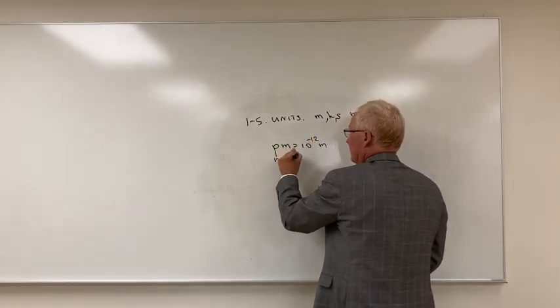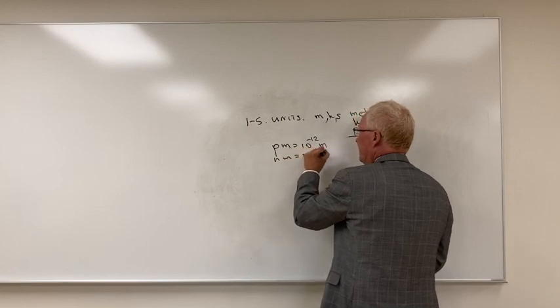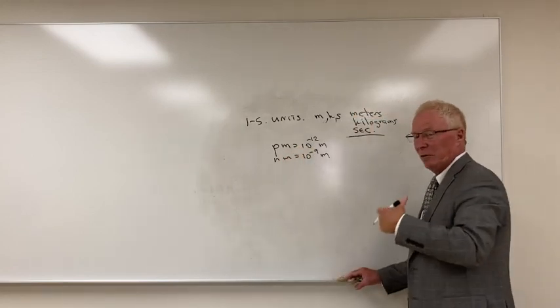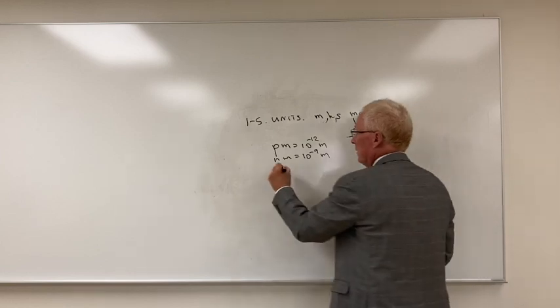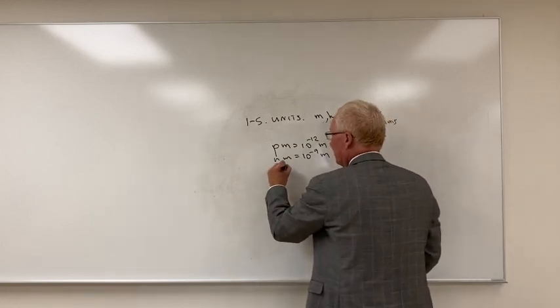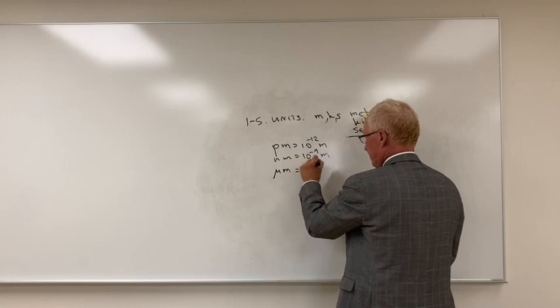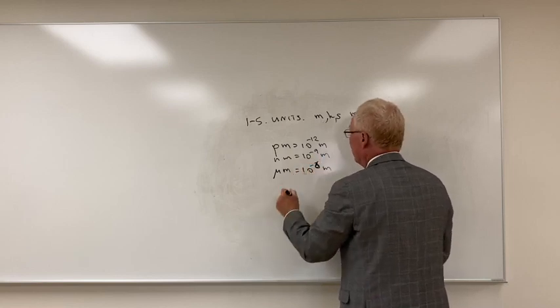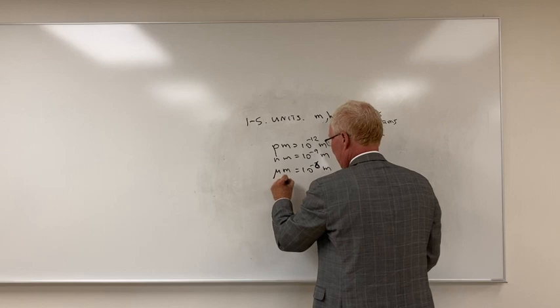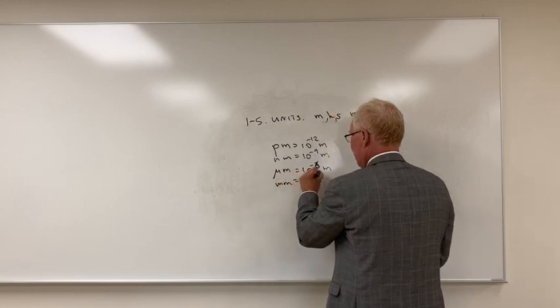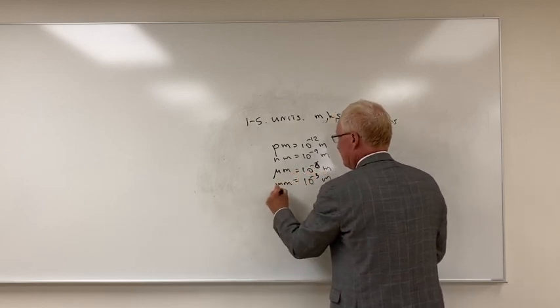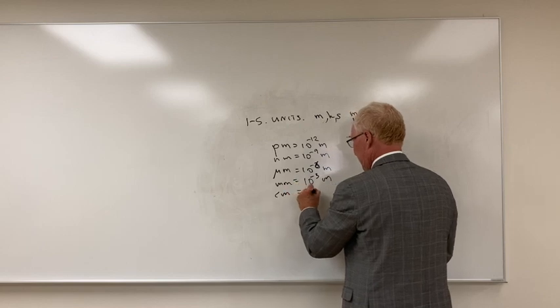Nanometer is 10 to the minus 9th meter. And this would be the same for kilogram or whatever unit. Micron, micrometer, mu is 10 to the minus 6th meters. Millimeter is 10 to the minus 3rd meters. Centimeter is 10 to the minus 2nd meters.